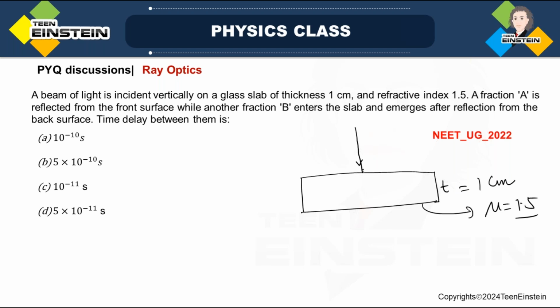Some reflection happens, and as you know, this will be going out normally. Some fraction is going, so this is actually fraction A.